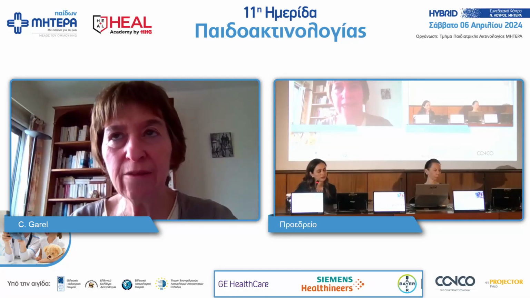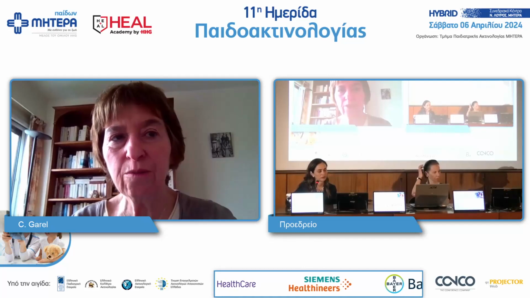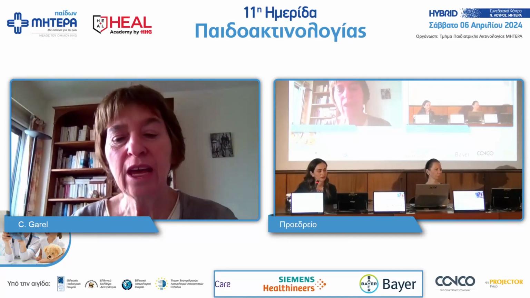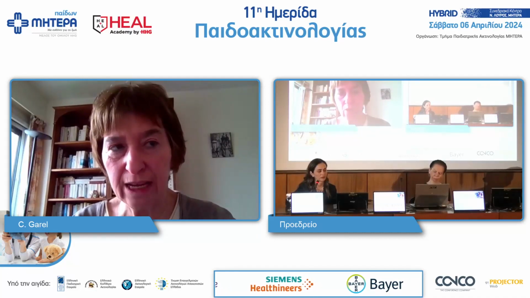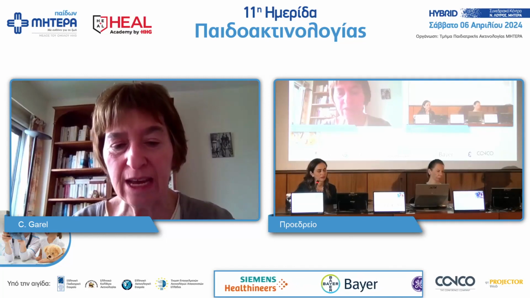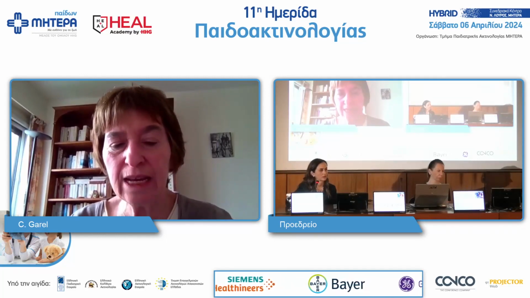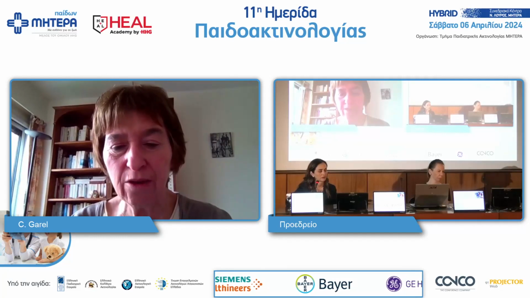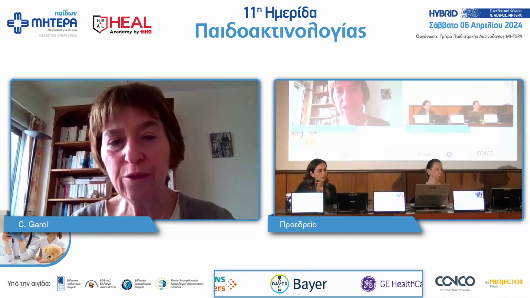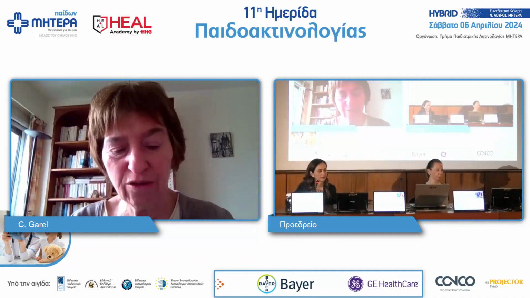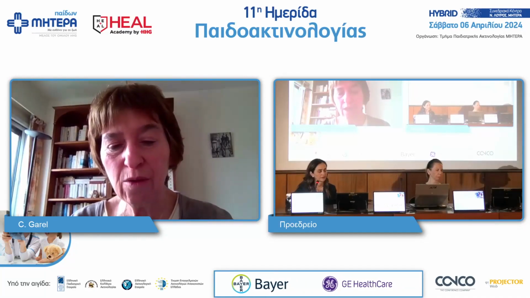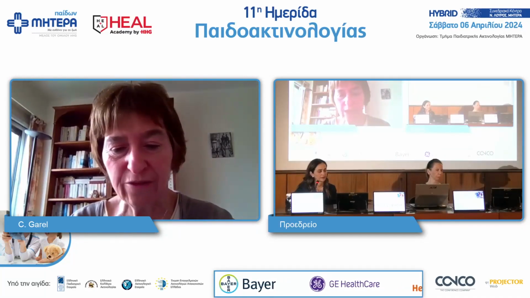What I always say in France, because we are used to performing MRI at 32 weeks of gestation in order to analyze the cortex, is that the posterior fossa is an exception. As soon as we have concern for the posterior fossa, and we think there may be an abnormality, particularly of the brainstem, which is difficult to analyze on ultrasound, we can perform MRI as soon as 22 weeks of gestation.